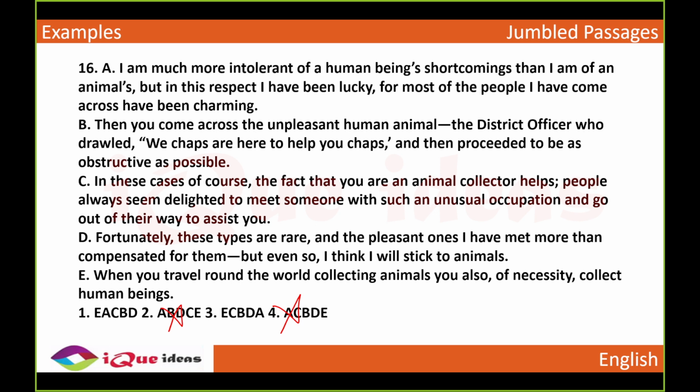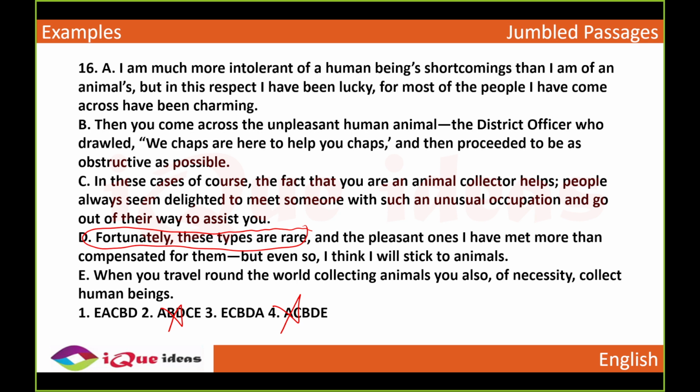A says I'm much more tolerant. EA makes sense. EC. In these cases, of course, the fact that you're an animal collector also helps. Okay. E के बाद C क्या हो सकता है? I don't know. Then let us take a look at it. B says, then you come across the unpleasant human animal. And D says, fortunately, these types are rare. So if certain type is rare and that is fortunate, then that type has to be a bad thing.